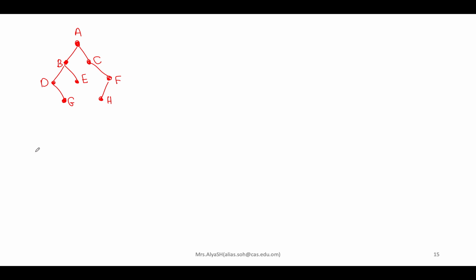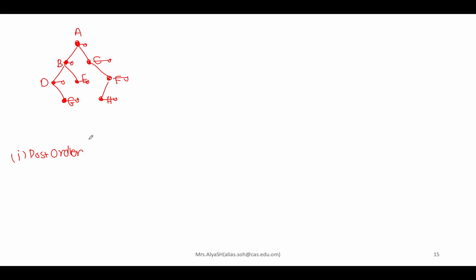Okay, so if we start by visiting the post order. In the post order, we already said that we usually draw the flag to the right. So we will draw a flag here to the right and start visiting the nodes from left to right.